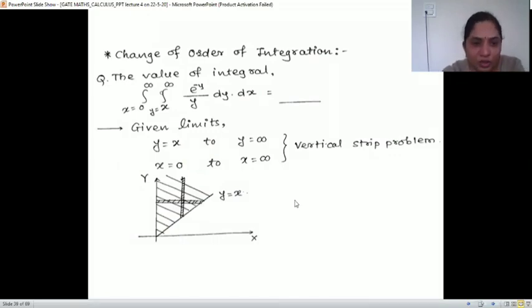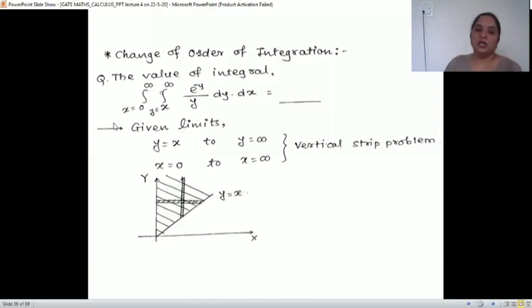If an example is given and it is not stated whether this is y equal to or x equal to, we check the limits of integration. If there is x, these are functions of y, and if there is y somewhere, these are functions of x. So here is x, so these are limits of y, and the remaining are limits of x.